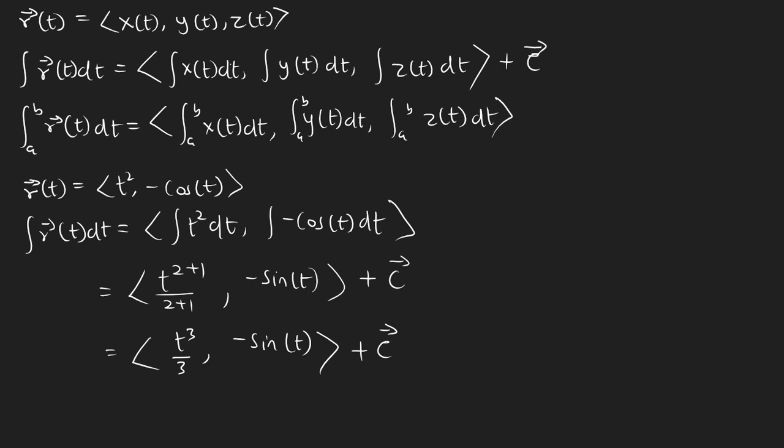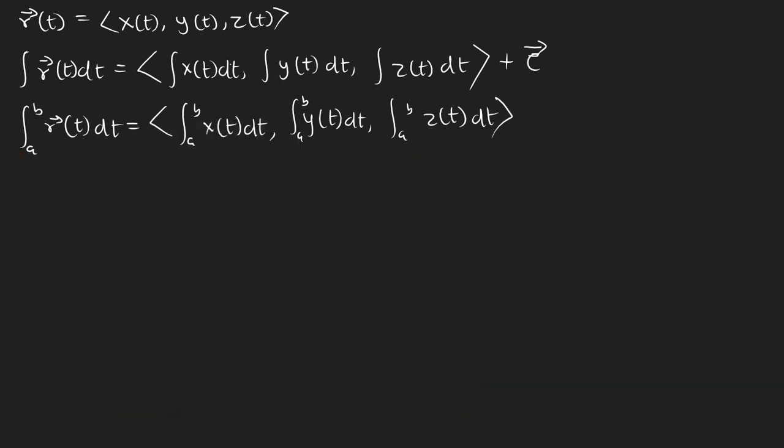We are going to take another example, which will be for definite integrals. Let's look at that also. Given this vector function a, which is equal to 2t comma 1 over 2 t squared, you have to compute the definite integral from 0 to 2 for this vector function.